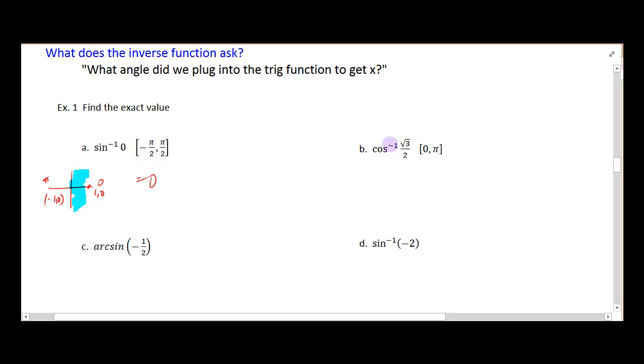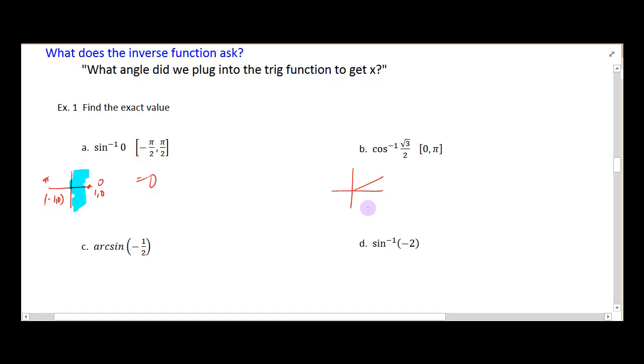Let's look at the inverse cosine of the square root of 3 over 2. So you ask yourself, for what angle, when I take the cosine of it, do I get the square root of 3 over 2? Looking at my graph right here, when I take the cosine of an angle and get positive square root of 3 over 2, I have to be somewhere over here in the first quadrant, because cosine is positive here.